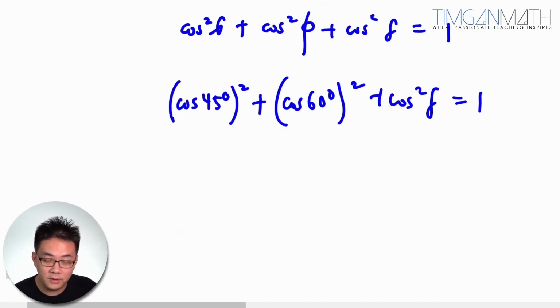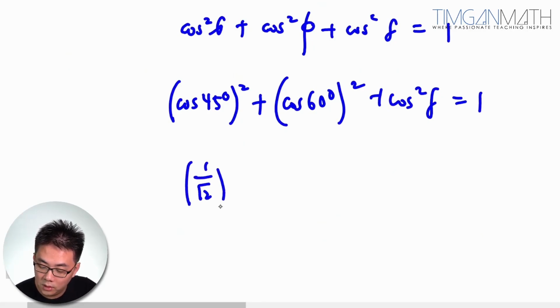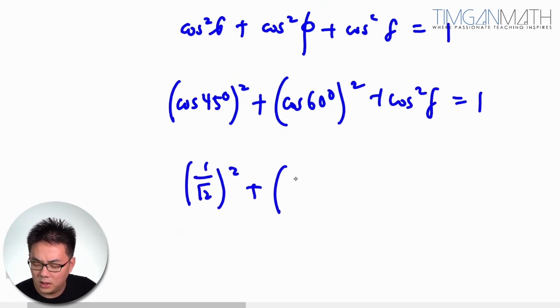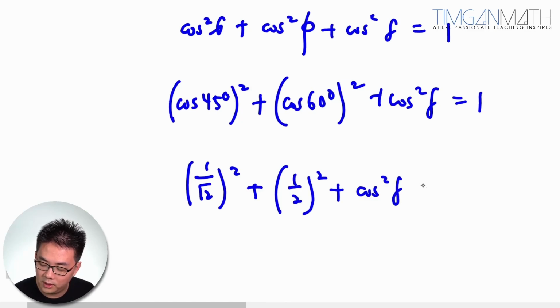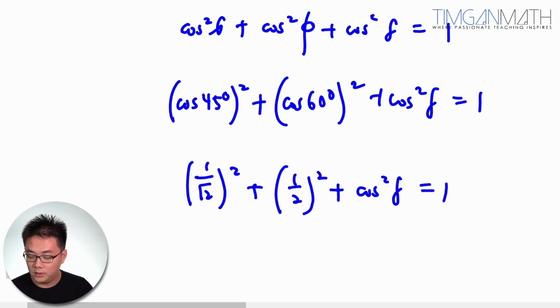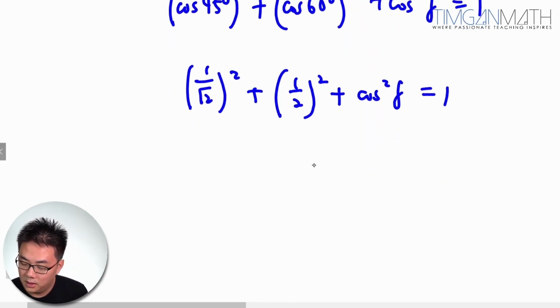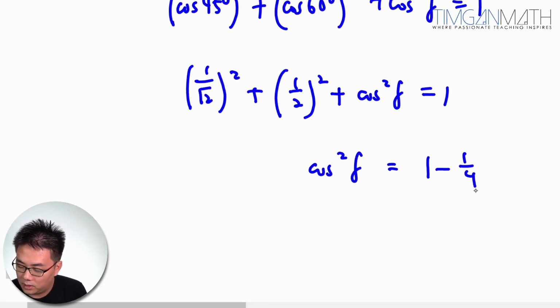Cos 45 is a special angle, so this is (1 over root 2) squared. Cos 60 is a half. So cos squared sigma equals 1 minus 1 quarter minus a half, which yields 1 quarter.